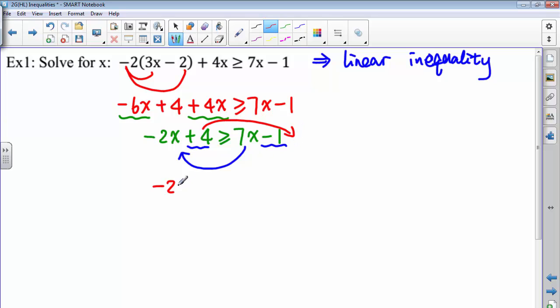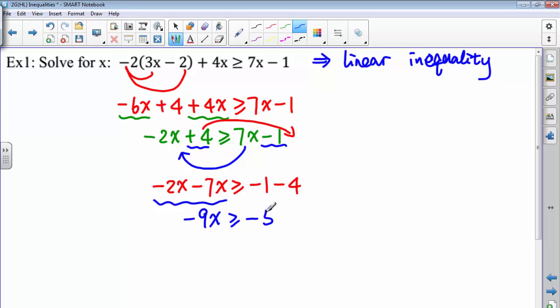Then I will get negative 2x minus 7x is greater than or equal to negative 1 minus 4. Then combine the like terms. Negative 2x minus 7x is negative 9x. It's larger than or equal to negative 1 minus 4, negative 5.